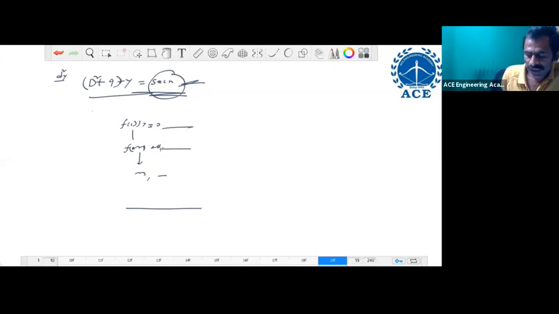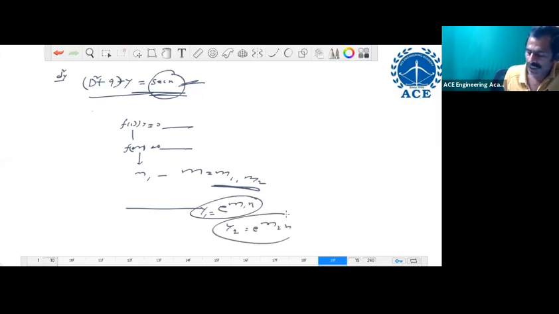Suppose it is second order, then we'll have two roots, m equal to m1, m2. Suppose they are real and different, then y1 equal to e power m1x, y2 equal to e power m2x. These two are the linearly independent solutions. And we write yc equal to c1 e power m1x plus c2 e power m2x.